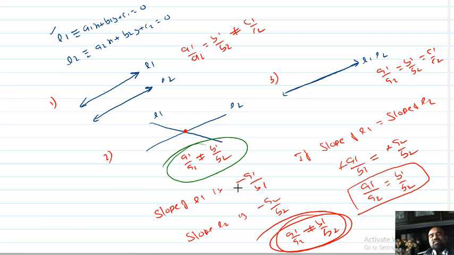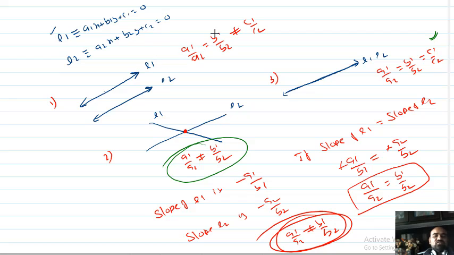Okay, if two lines are intersecting lines, then the relation between their coefficients is a1 by a2 not equal to b1 by b2. If they are parallel, a1 by a2 equal to b1 by b2 also equal to c1 by c2, then you can say that coincident parallel lines. If a1 by a2 equal to b1 by b2 not equal to the constant ratio, then you can say that distinct parallel lines.